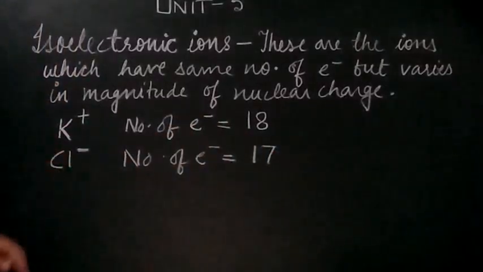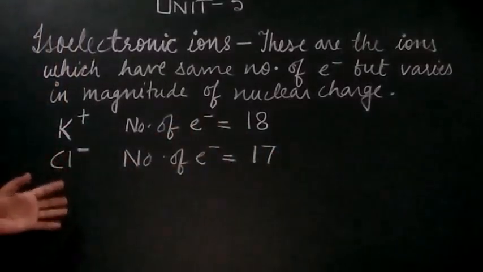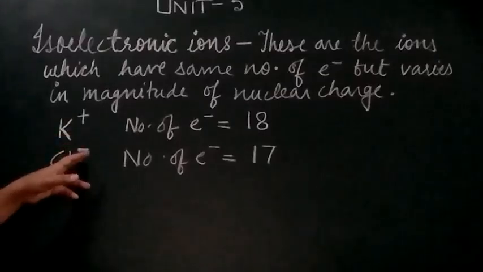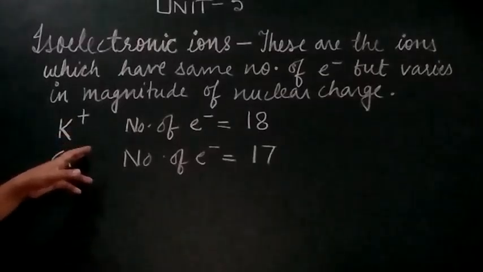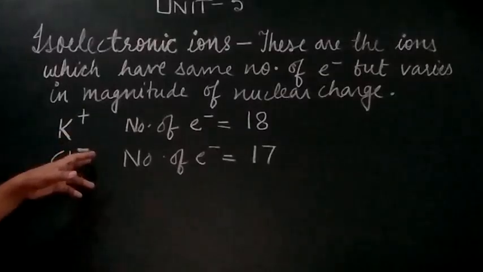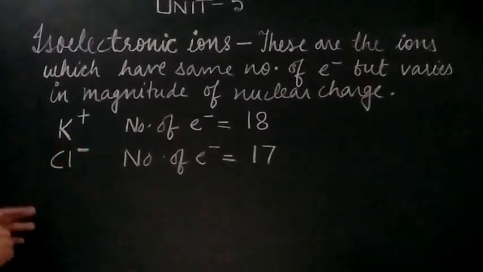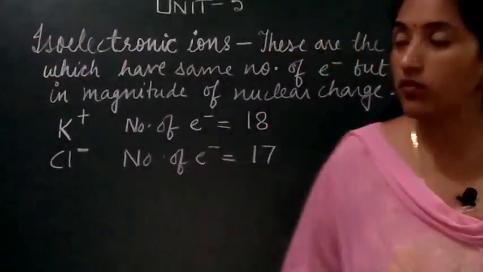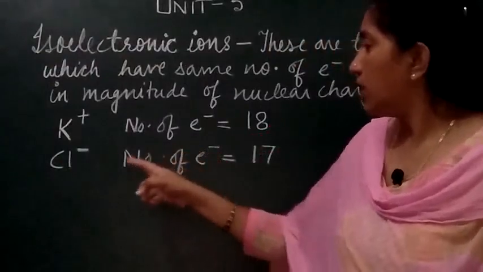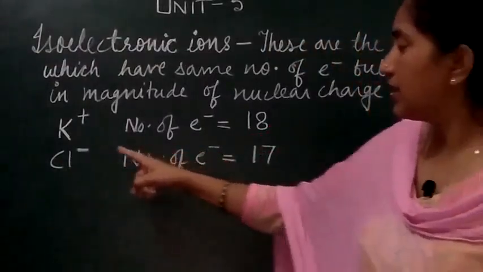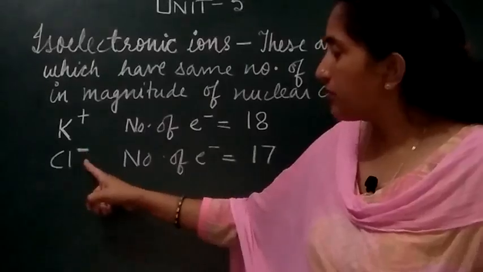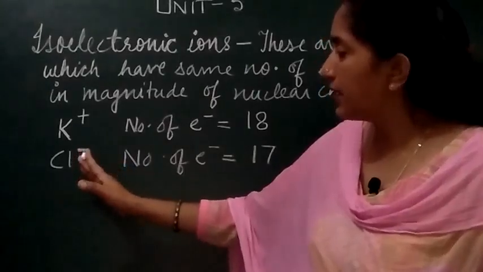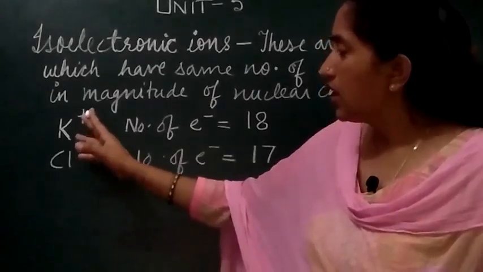But you can see that the magnitude of the nuclear charge is different here. Here it is minus 1, right? That means the number of protons in the nucleus is going to be how much? It will remain 17 here, the number of protons, right?